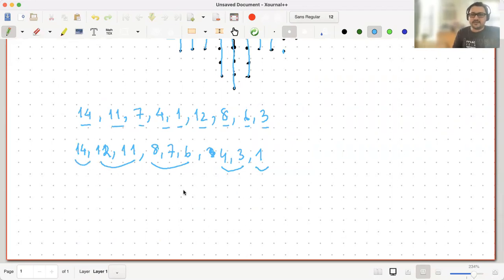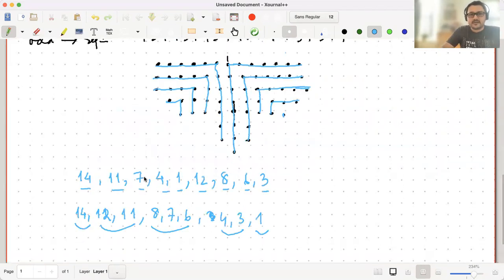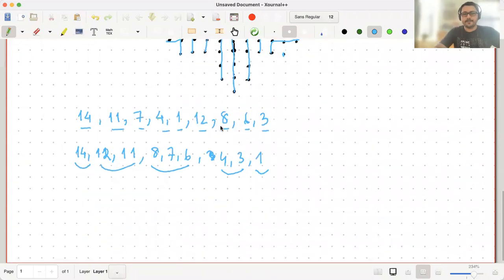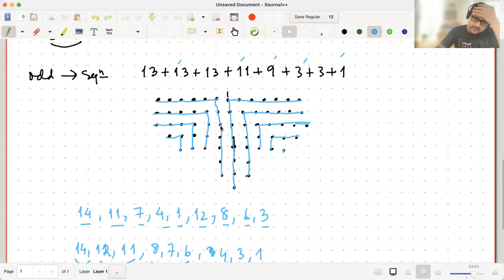So I have 5 sequences. Now, this is actually a bijection from the odd side to the sequence side. Again, I leave it to you to justify that this really gives a bijective proof of Sylvester's theorem. So this picture gives you the bijection.